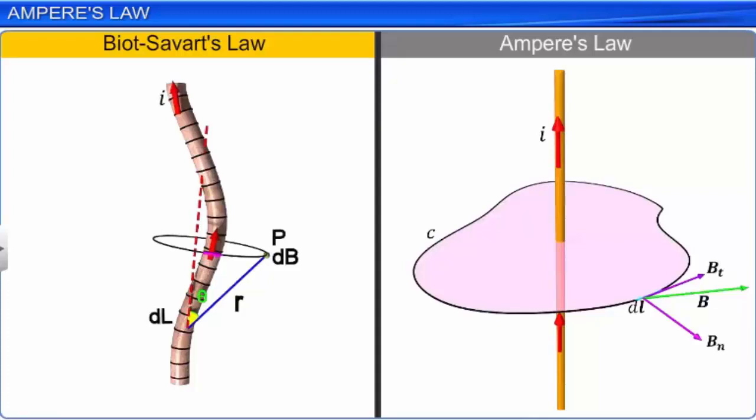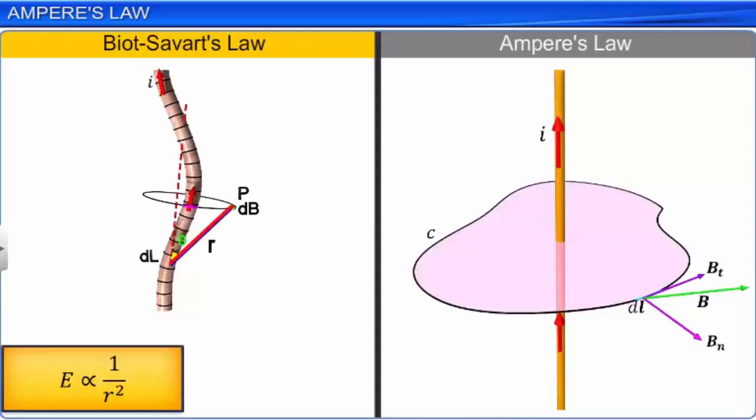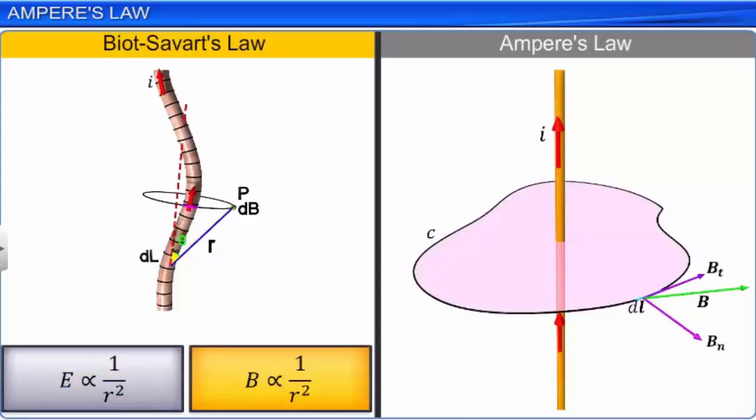According to Coulomb's law, electric field strength at a point due to a charge is inversely proportional to the square of the distance from the charge to the point, that is, E is inversely proportional to R square. According to the Biot-Savart's law, the magnetic induction at a point due to the current-carrying conductor is inversely proportional to the square of the distance from the conductor to the point, that is, B is inversely proportional to R square.